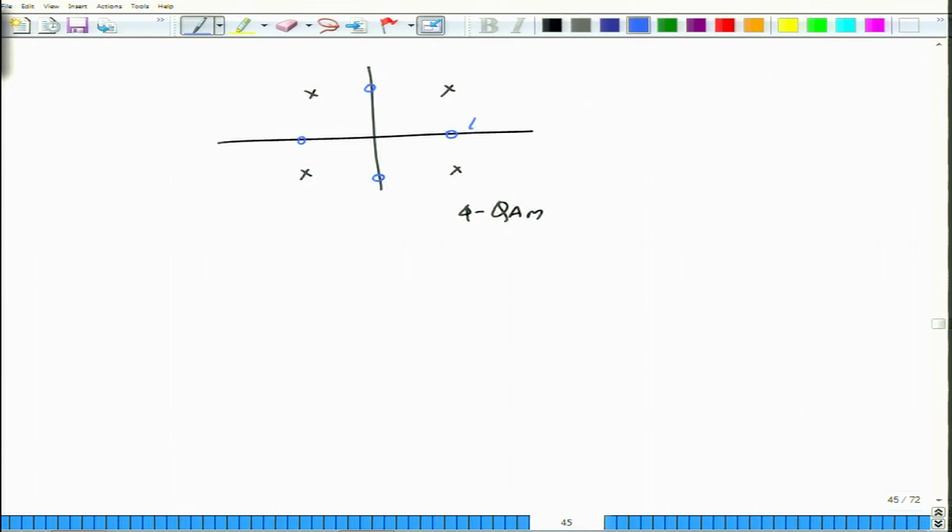This is called the QPSK system. Sometimes this is also called QPSK, so you have to be a little careful about exactly what terminology is being used. The probability of error calculations for these are slightly more complicated, but it can be shown that the probability of error for this constellation is the same as the probability of error for this constellation, because rotations do not change the probability of error.